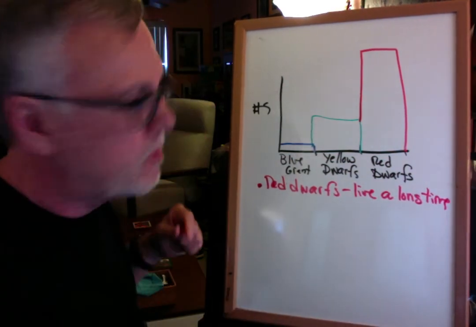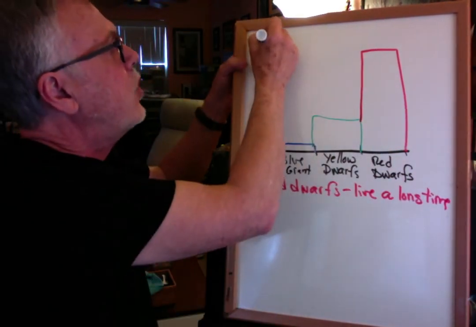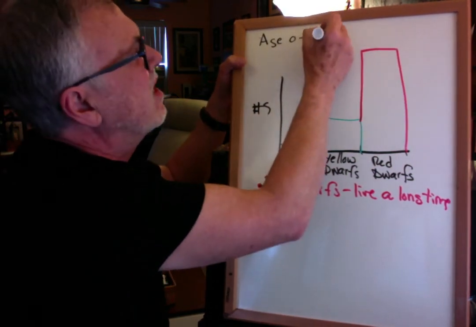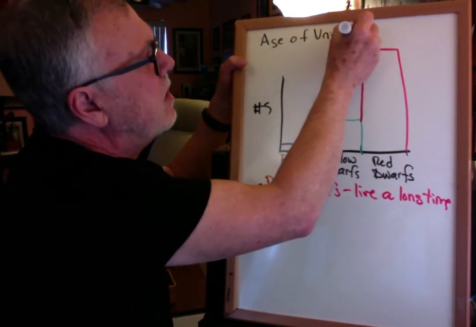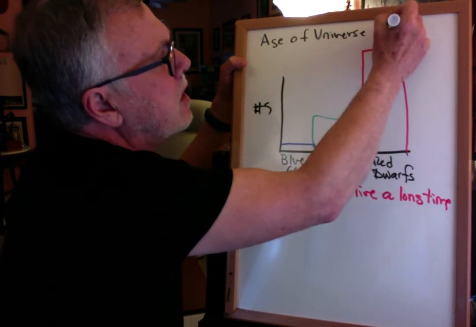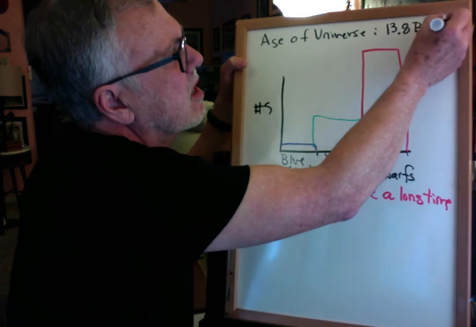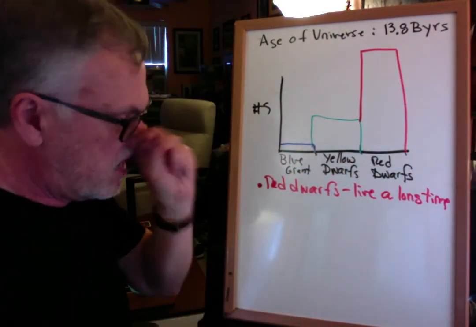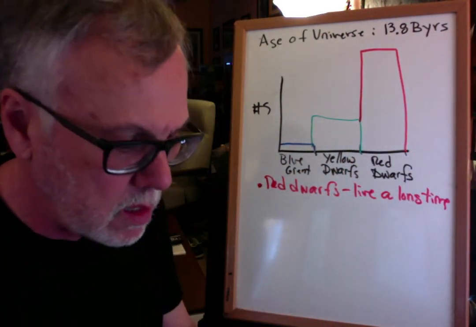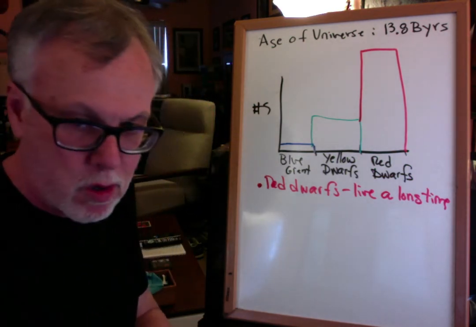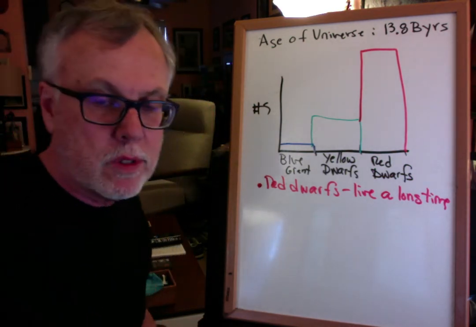Just so you know something, we think that the age of the universe now, the whole shebang is the universe, the age of the universe, we believe, is 13.8 billion years. So what does that mean? What it means is that every red dwarf that's ever been born, well, they're young still.